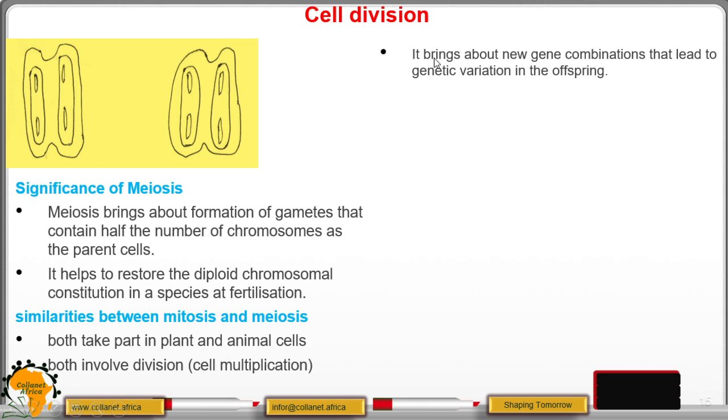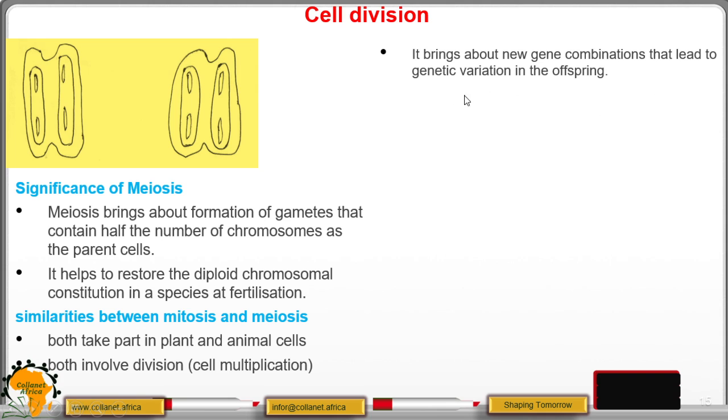Then both bring about new gene combinations that lead to genetic variation in offspring. Just as I had mentioned, assuming this is a cell from the male and this one from the female, when these two combine, they are different, so that combination leads to genetic variation.